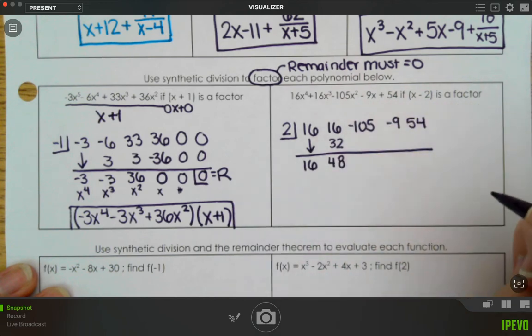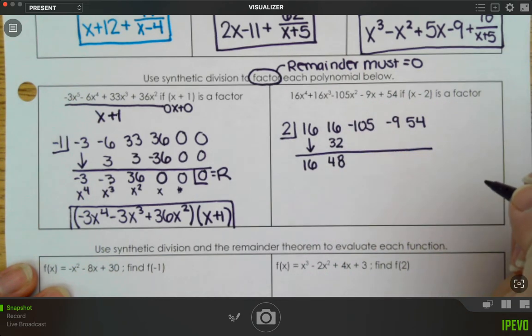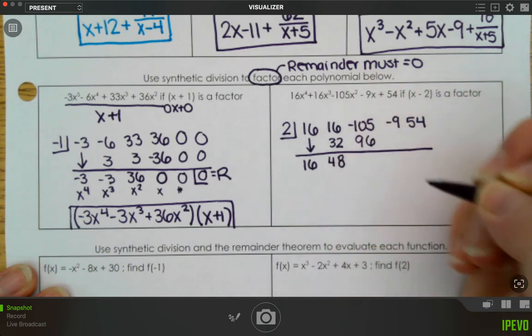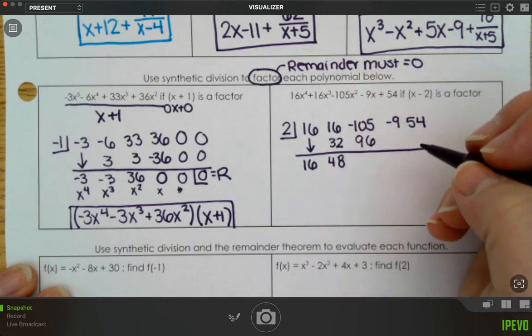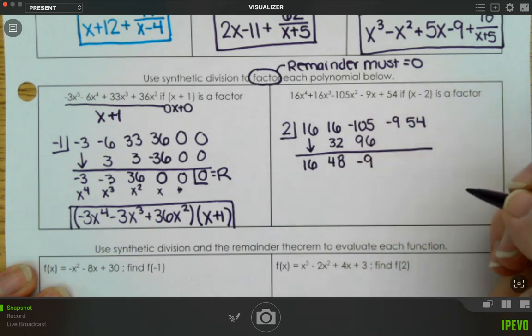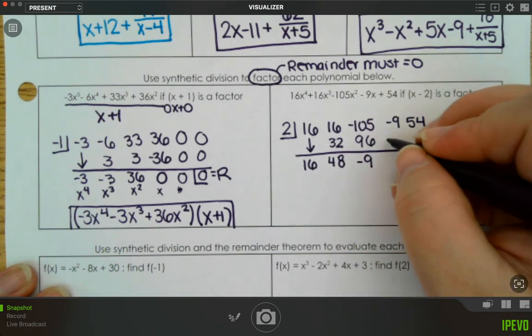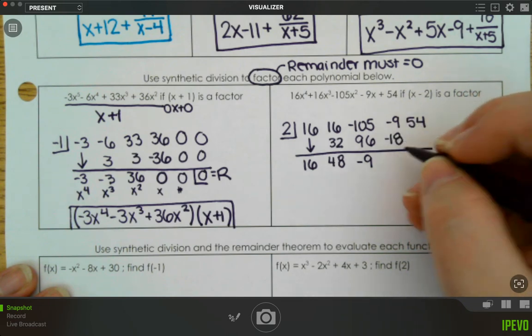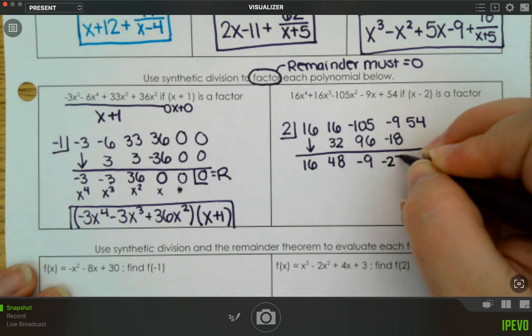Now, we do get a little sticky here for a second. 48 times 2 is 96. -105 plus 96 is negative 9. Negative 9 times 2 is negative 18. Negative 9 plus negative 18 is negative 27.